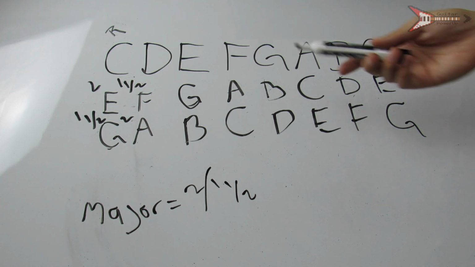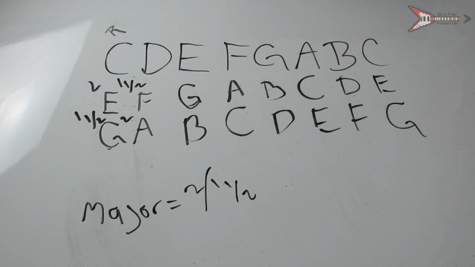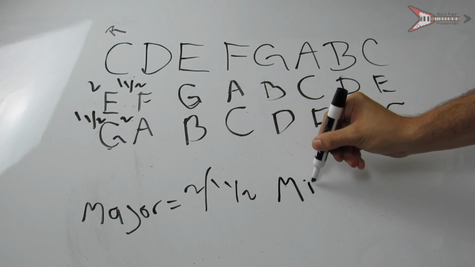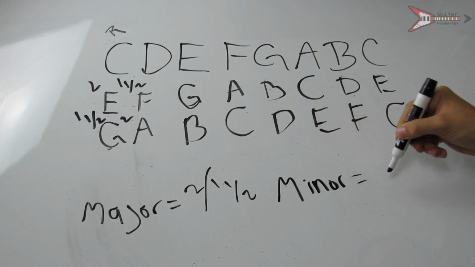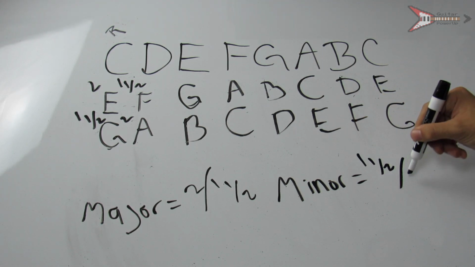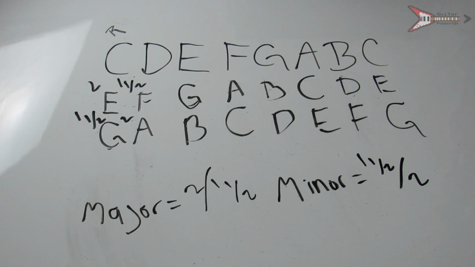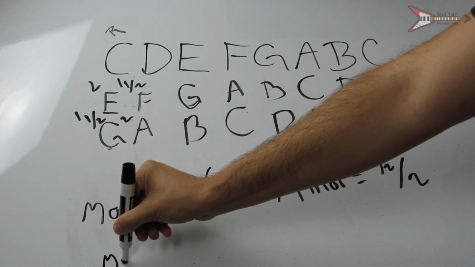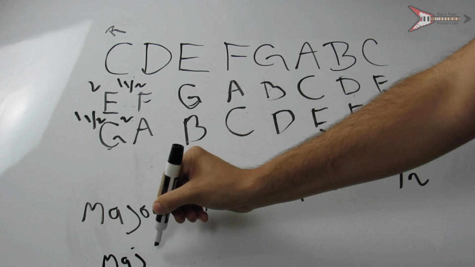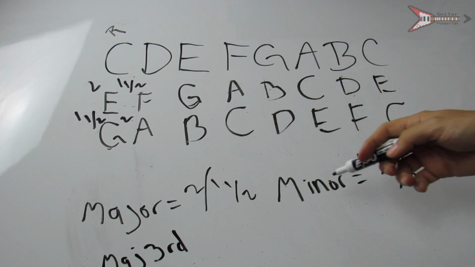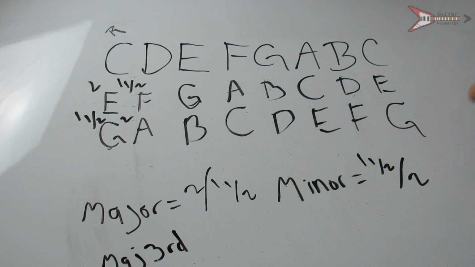And then this next layout, 1.5 over 2, is what defines a minor chord. Now another name for this first layout is a major third. And this minor layout is a minor third.